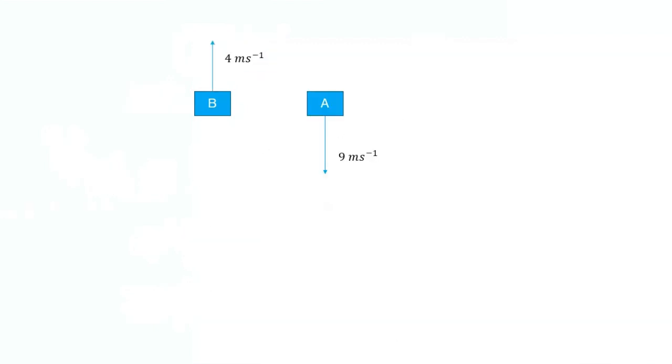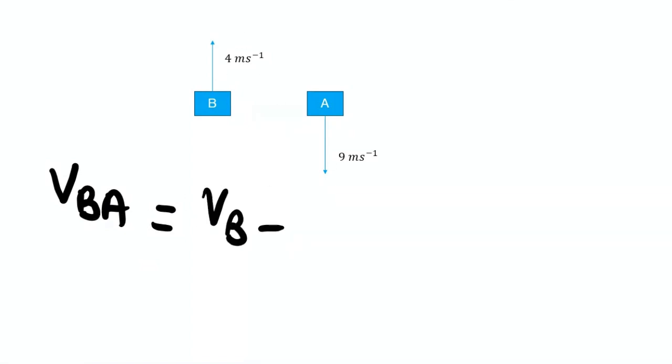Yes. Let's look at this one. Here is a downward case. So here I'll do the velocity of B relative to A, VBA. Because they are moving in opposite directions, it's VB minus VA. VB is 4, and this one is always positive. Minus, but then this one is already moving in the opposite direction, so we have to bring a negative.